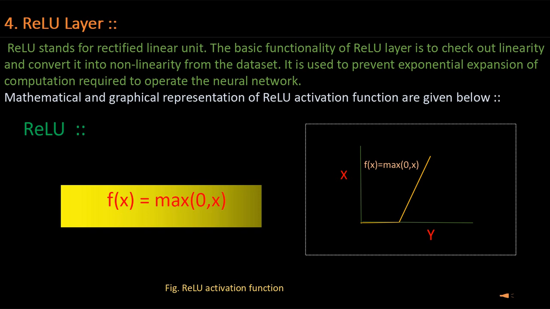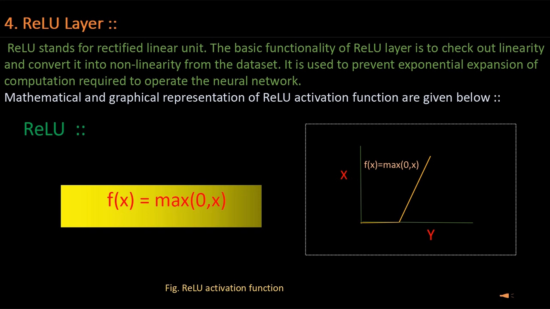Now let's come to the definition. ReLU stands for Rectified Linear Unit, which is used to increase the intricacy of the neural network by introducing non-linearity. Due to this, it allows the network to acquire more intricate representations of our data.